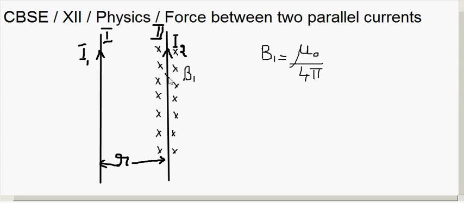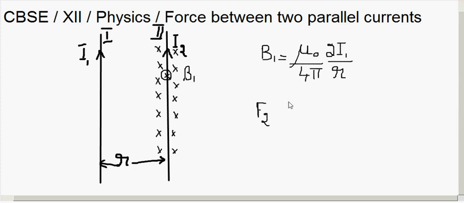At this point, at a distance r, B1 is mu naught by 4 pi into 2 I1 by r. And due to B1, the wire 2 experiences a force, which was given by F2.